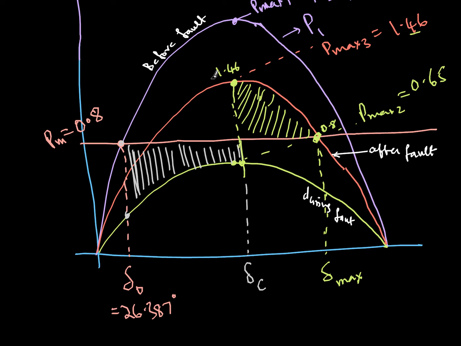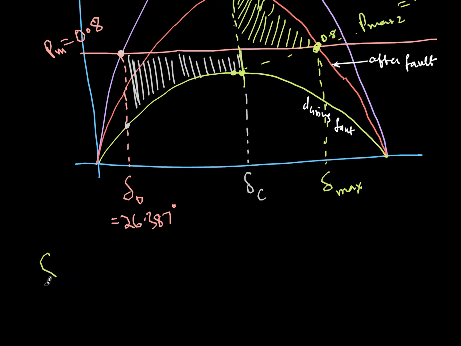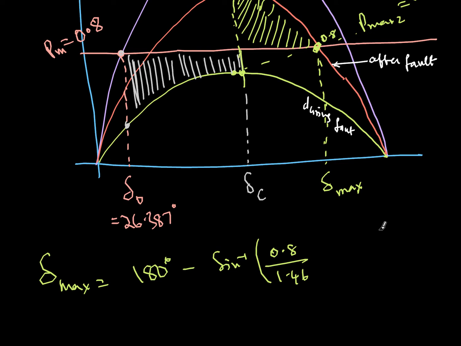So from 1.46 and 0.8 I can do sine inverse, then I'll get this angle that I have to subtract from 180. So first let me start doing that. Delta max will be 180 degrees minus sine inverse of 0.8 divided by 1.4625.